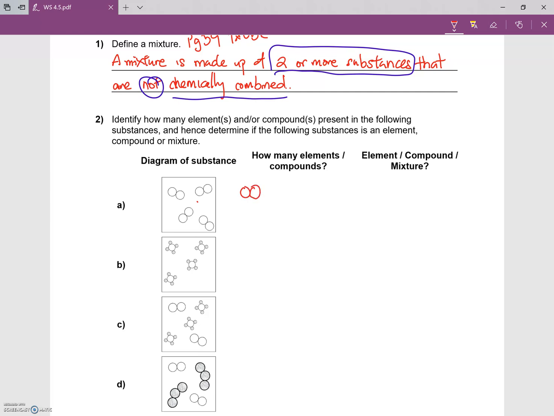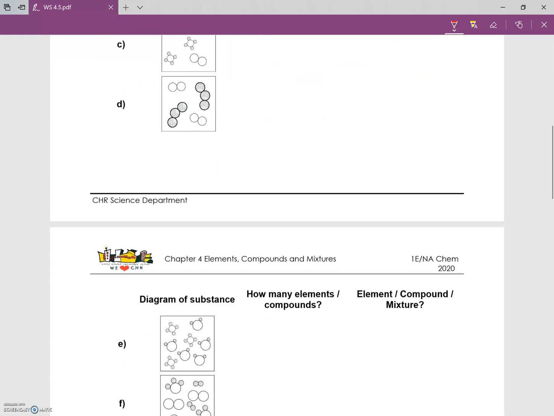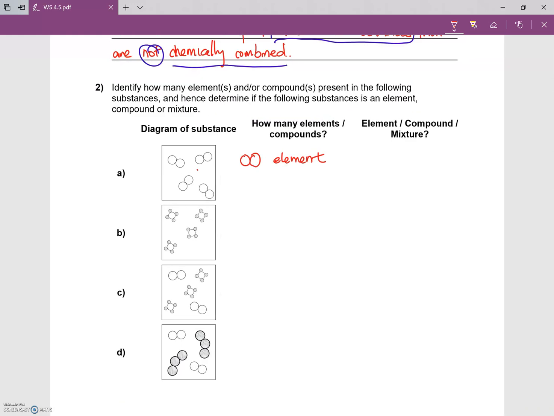Both of them are the same thing, so this is an element. Because the whole thing is only made of one element, this diagram is considered an element.